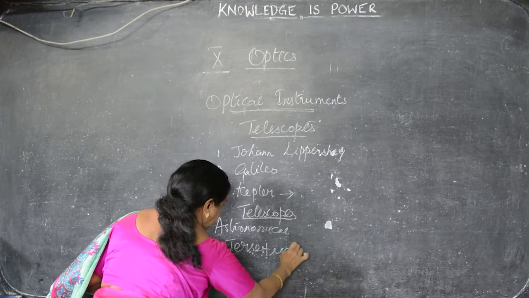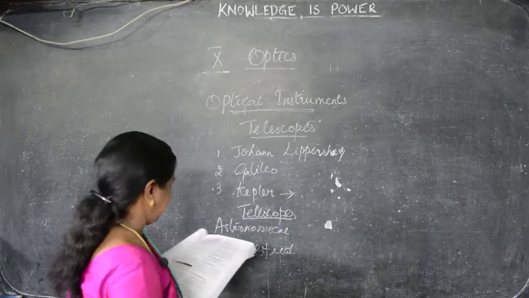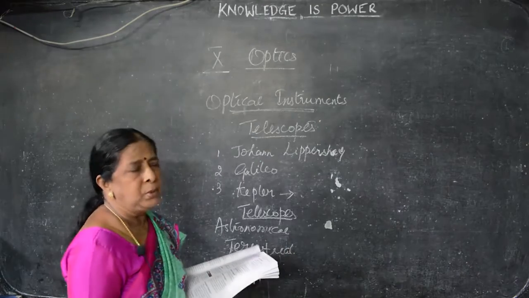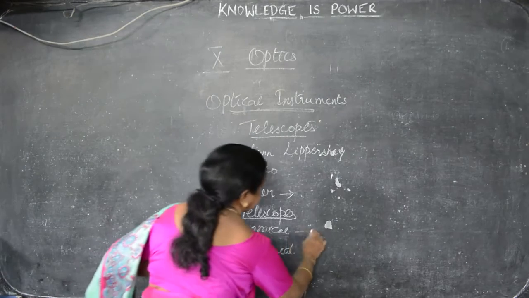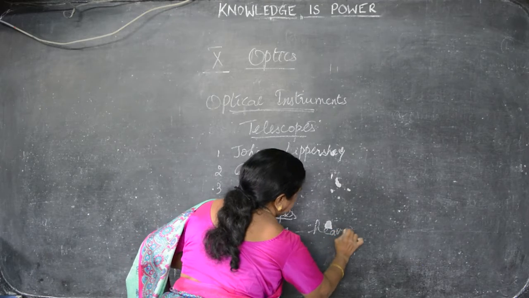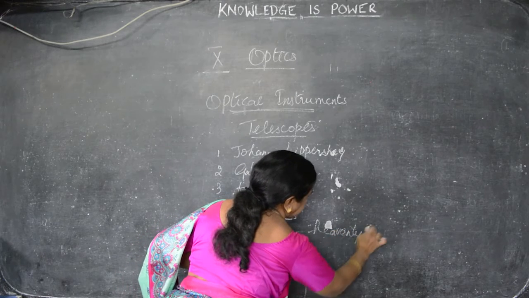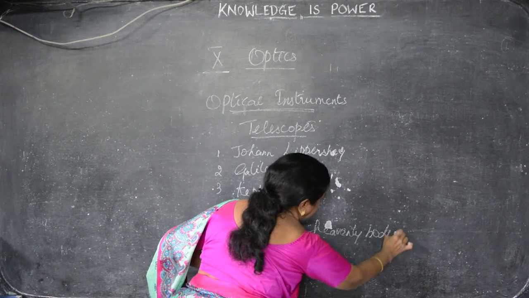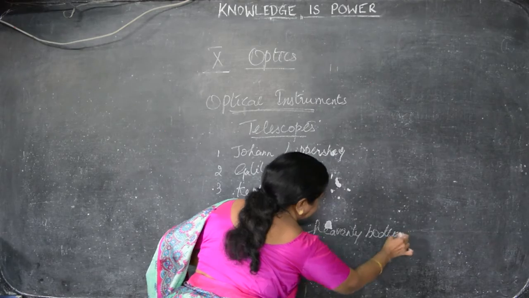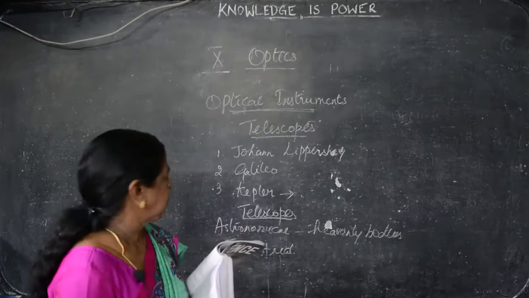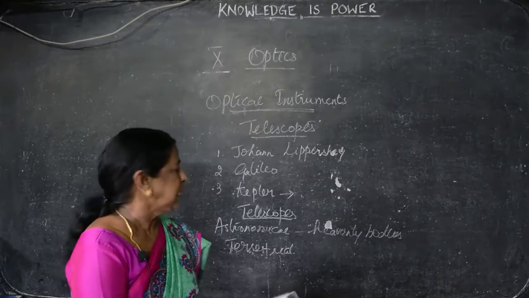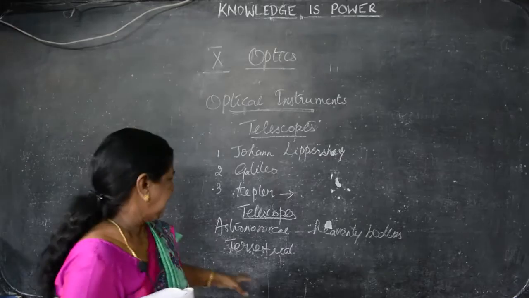The astronomical telescope is used to see the heavenly bodies. What are the heavenly bodies? Stars, sun. The things we are seeing in the sky are known as heavenly bodies. To study about the heavenly bodies, we are using the astronomical telescope.